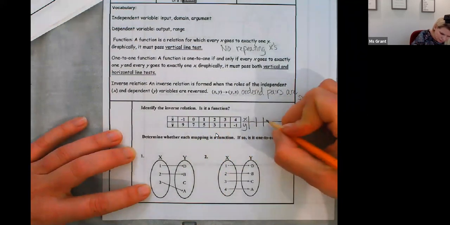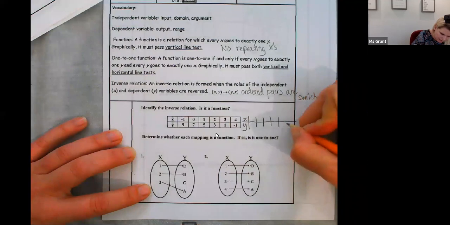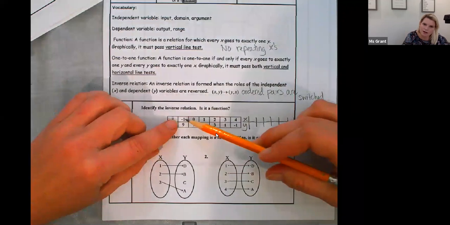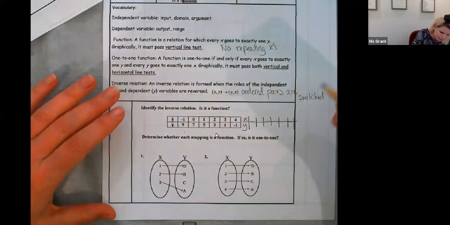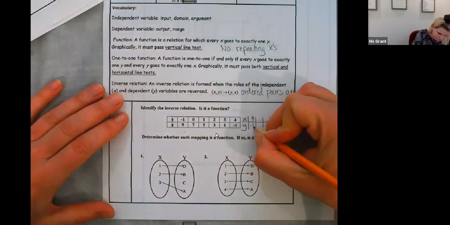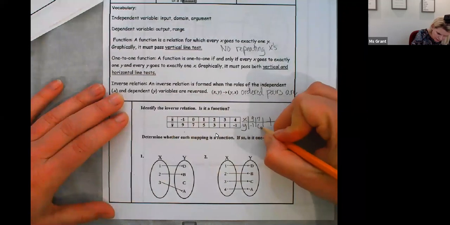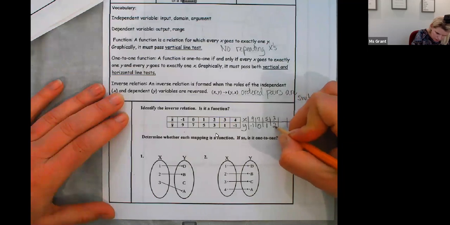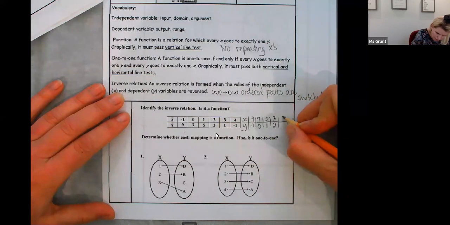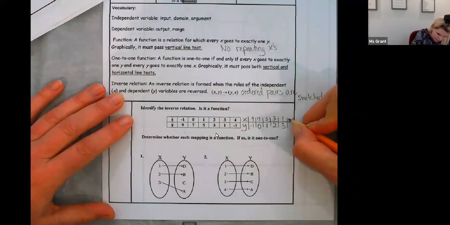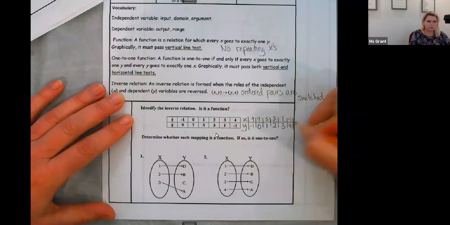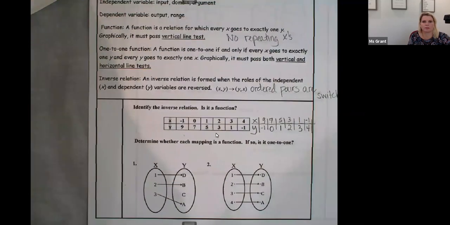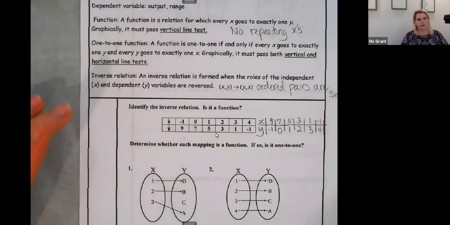So instead of -1, 9, I'm going to put 9, -1. 7, 0. 5, 1. 3, 2. 1, 3. -1, 4. So all I did was... I'll even go bigger.